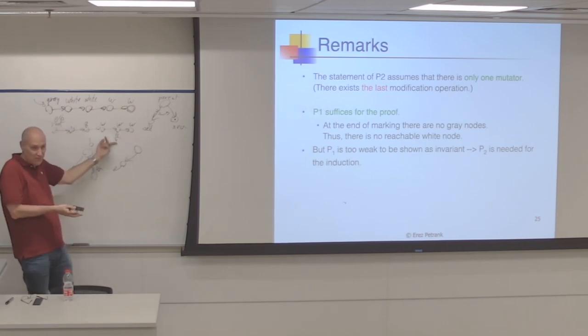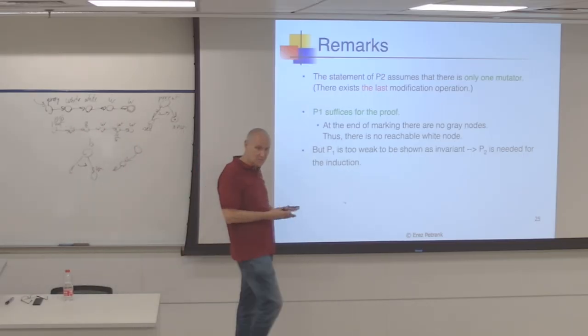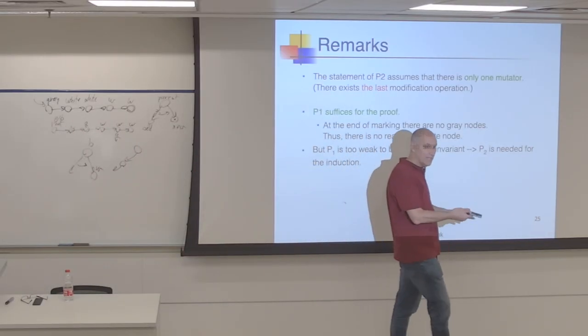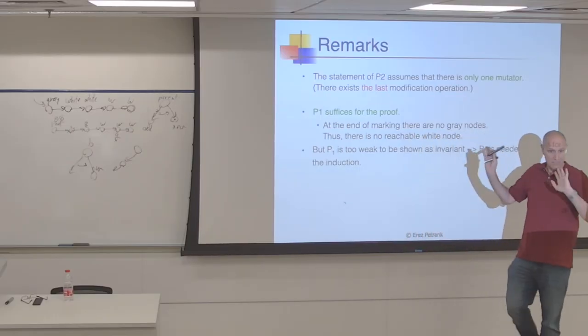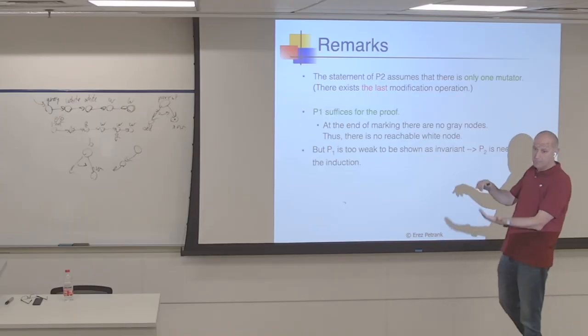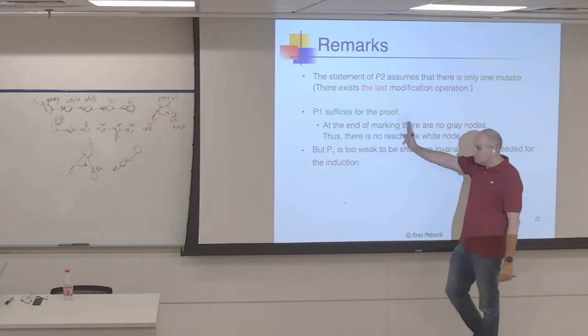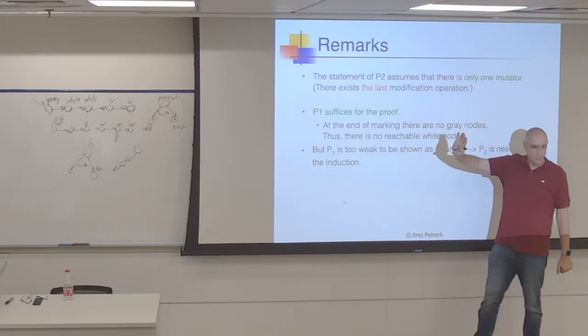But if there's no gray node, there couldn't be a reachable white node. If there's no reachable white node, it means that all reachable nodes are black. There are no gray nodes, just black and white. And white nodes cannot be reachable because it would imply gray. So if I have P1, I'm done with the proof.